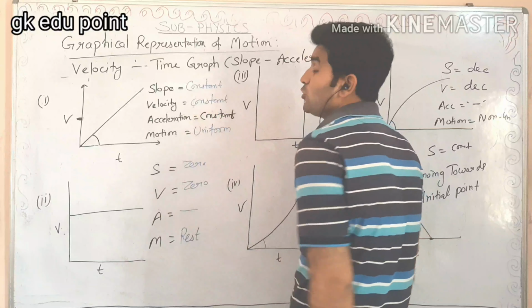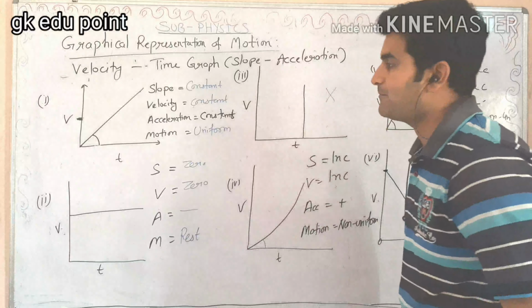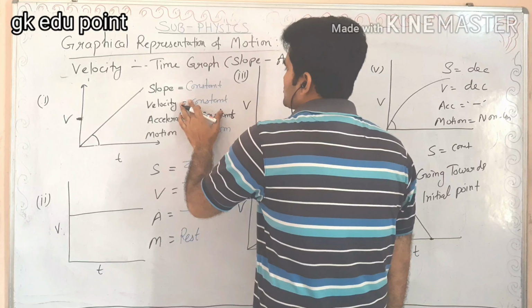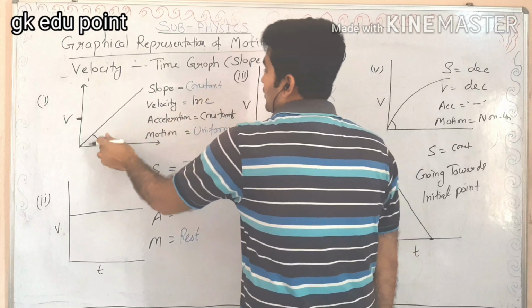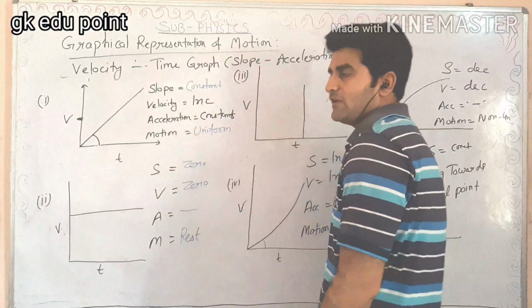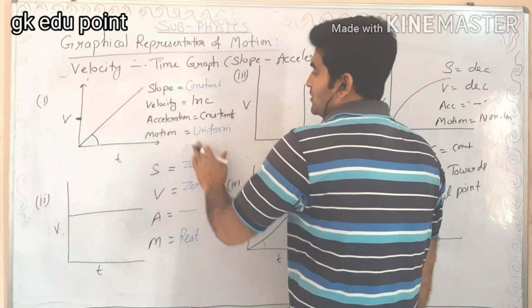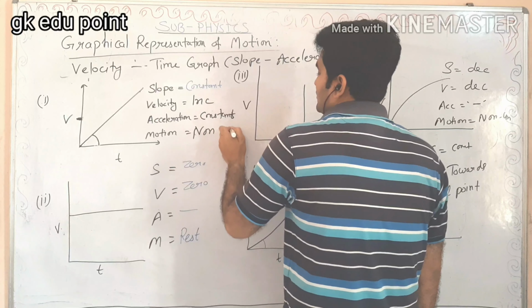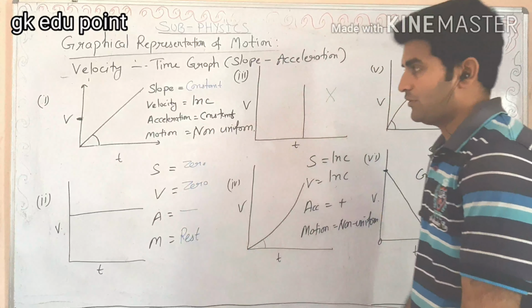Acceleration is present, so the particle is accelerating, so there will be a velocity but not constant. Velocity is constantly increasing with time, so motion is no more uniform. Motion will be non-uniform here.